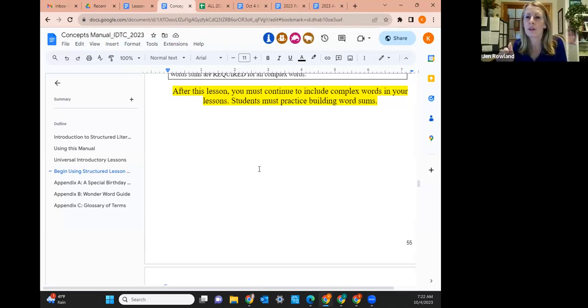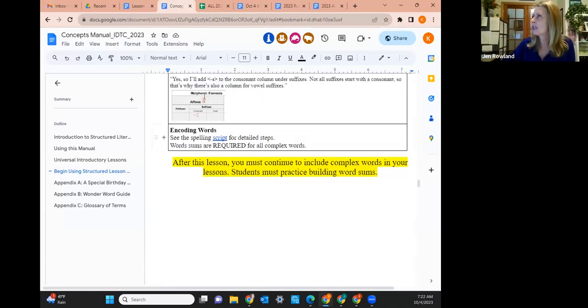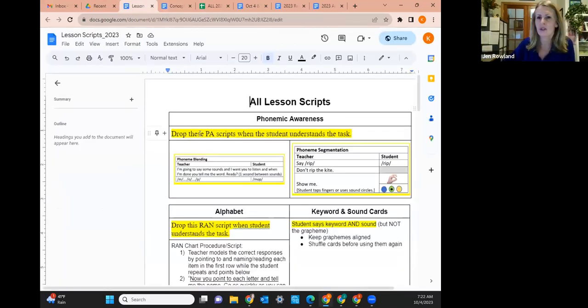But the most important thing, not getting a point docked off of your observation, is your kids are having an opportunity to practice building complex words. And it starts so simple because it's just the S, but eventually they're going to be introduced to more suffixes, and then they will be doing more suffixes. So realize that's in your concepts manual, and that's everything Kara has just covered. And then your lesson scripts.